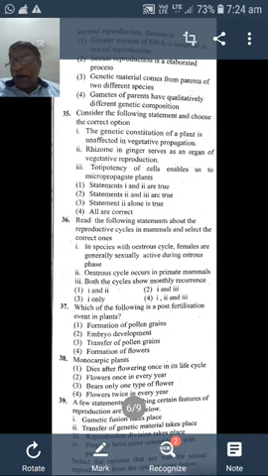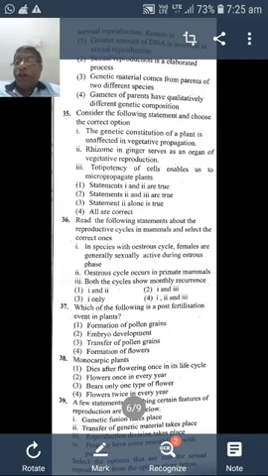Estrus cycle occurs in primate mammals. Primates, that's. Both the cycle shows monthly recurrence. Carefully study. Quite difficult question.